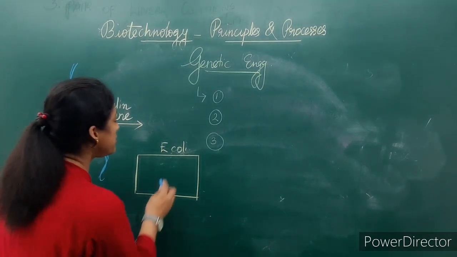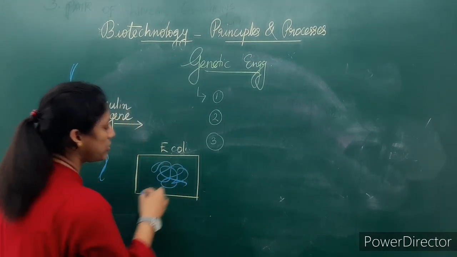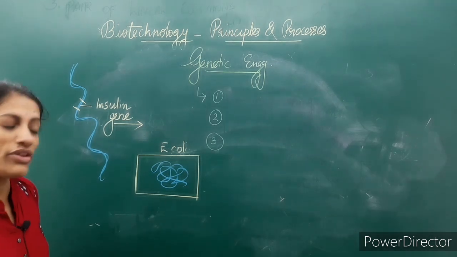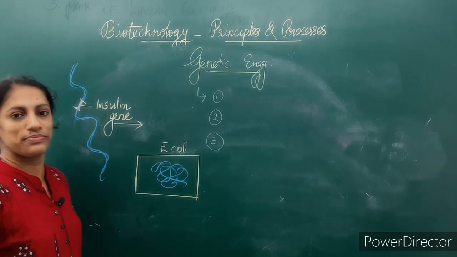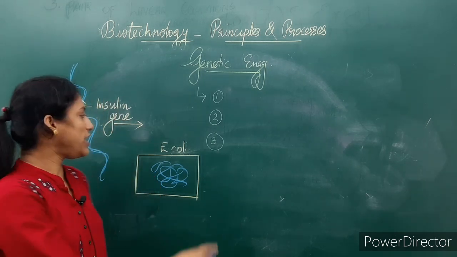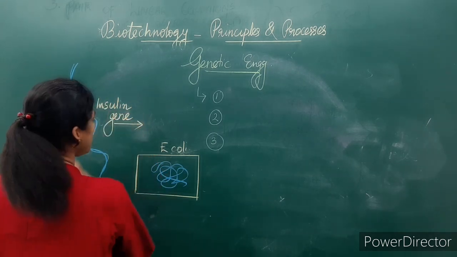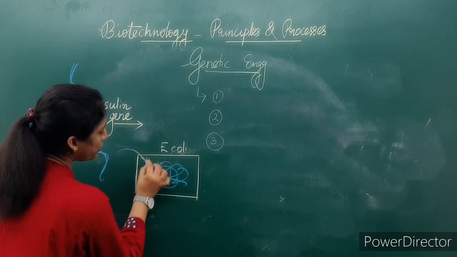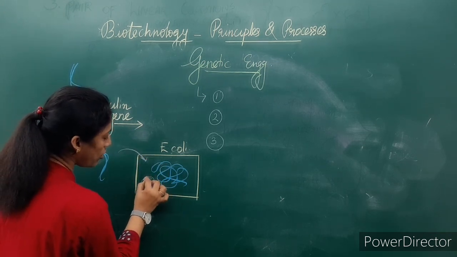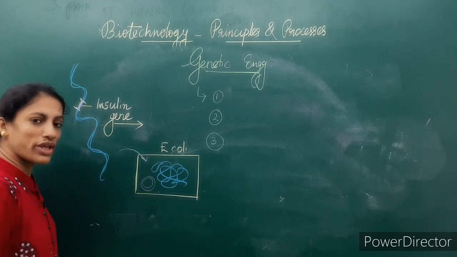The bacterium has its own genome. Suppose this is our insulin gene. In this bacterium, there is an extra chromosome called a plasmid.